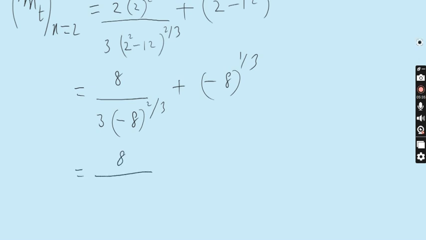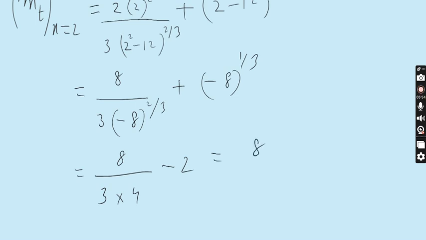So 8 upon 3, and if you use your calculator to find minus 8 to the power 2 upon 3, you will get 4. You can check. And if you find minus 8 to the power 1 upon 3, you will get minus 2.